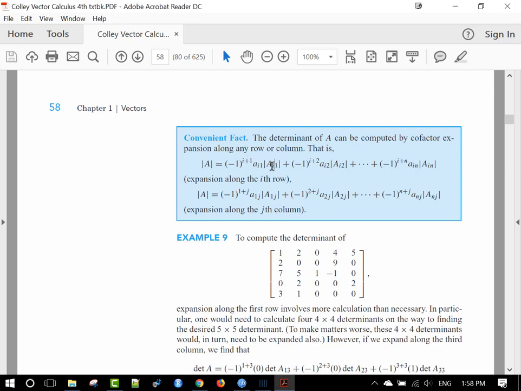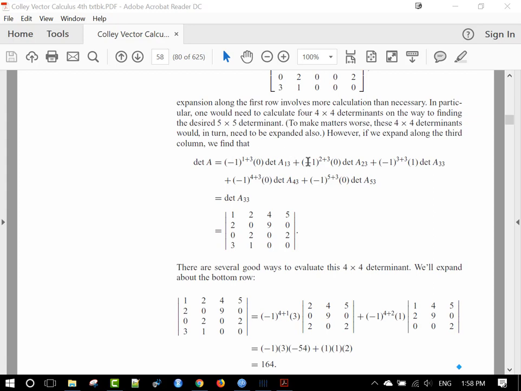So here we're taking the ith row and looking at all the elements in that row. Or here we're taking the jth column and looking at all the rows along that column. And then here they do an example of this using a 4x4 matrix.